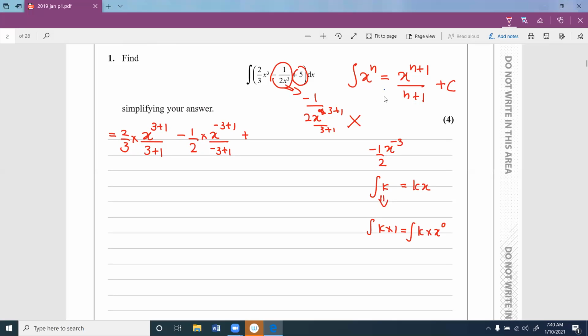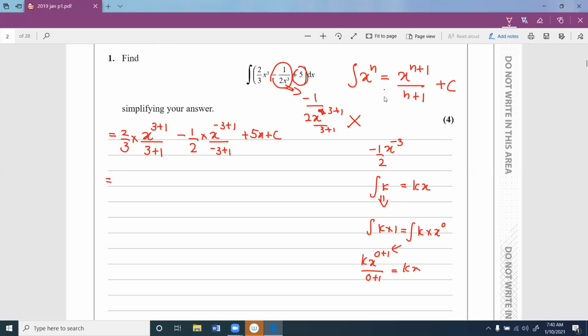We know that x to the power 0 is 1. Then if you use the theory, k x to the power 0 plus 1 over 0 plus 1, that is kx. So if you integrate any constant, the answer is that constant times x. So the integration of 5 is 5x plus c. You have to put a plus c at the end, right?